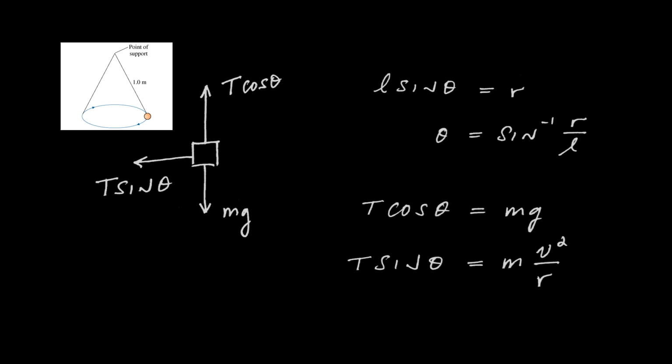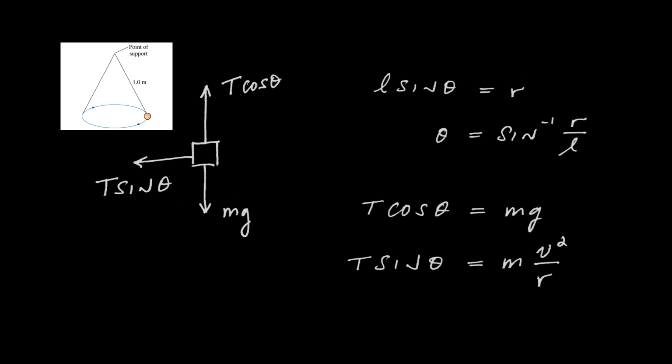You might complain at this point and say, Shelley, I get it. You're supposed to break it down into components, but they didn't tell me the angle. It's okay. You can find the angle for yourself. Because you're told the radius, and I don't know specifically what your radius is, look at the cone split down the middle as a right triangle, where 1 meter, the length of the string, is the hypotenuse, and the radius is the opposite side.